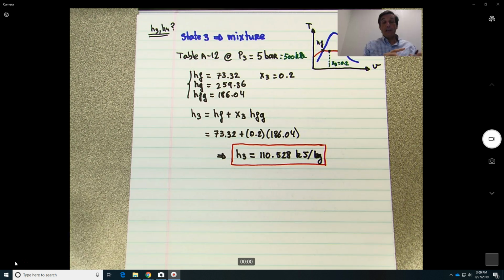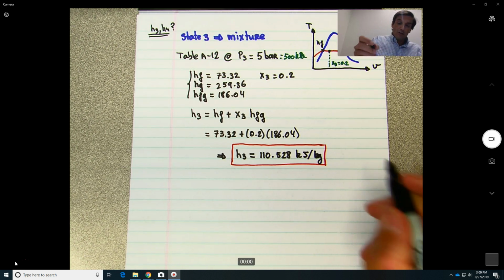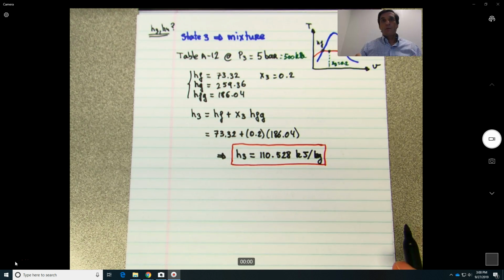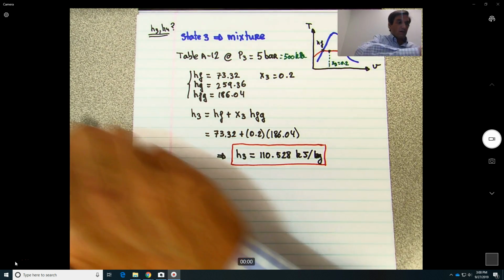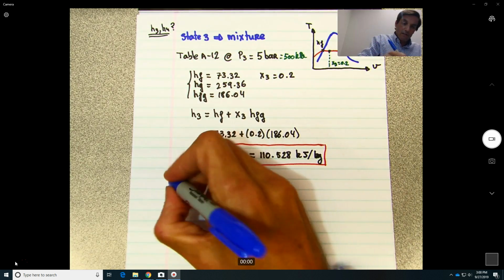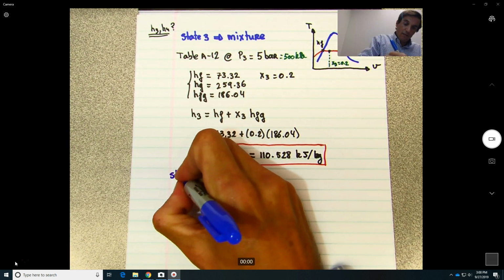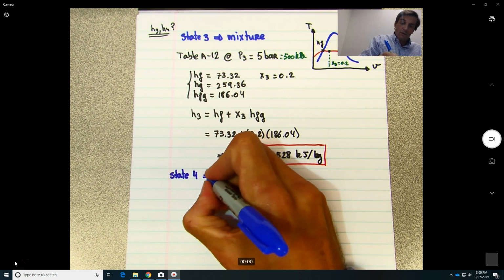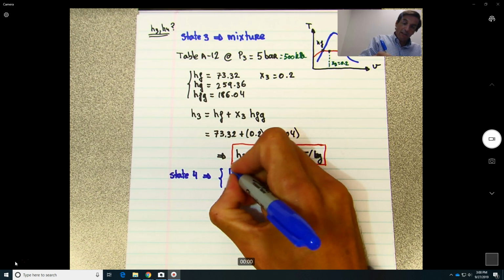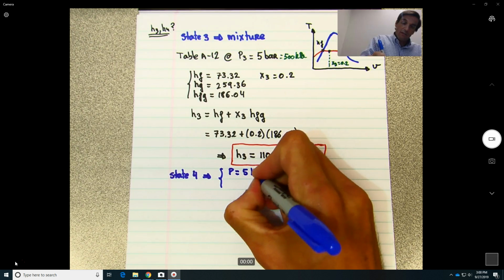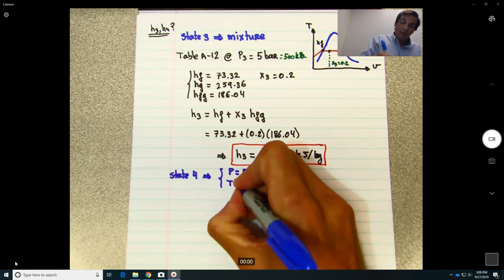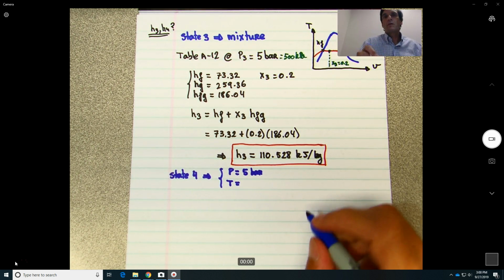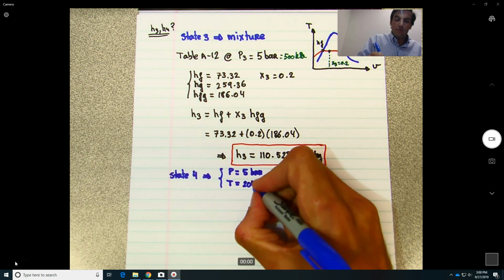Alright, so now for H4, what do we know? We know at state 4, we know the pressure is still 5 bars and that the temperature is 20 degrees Celsius.